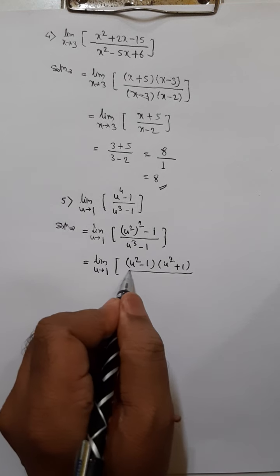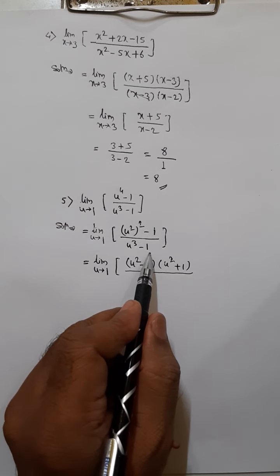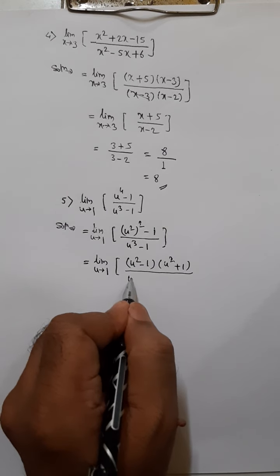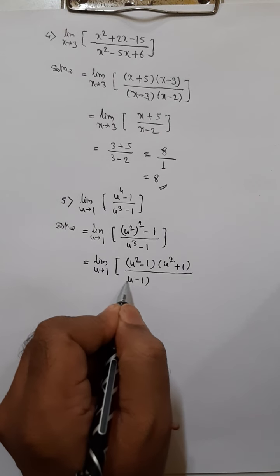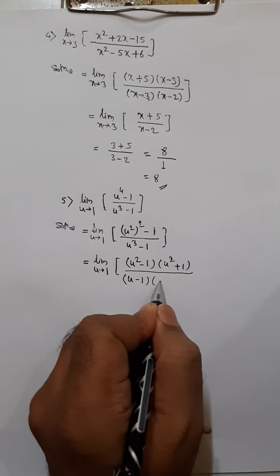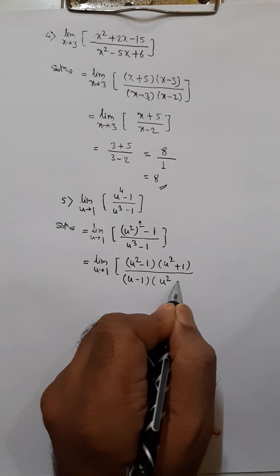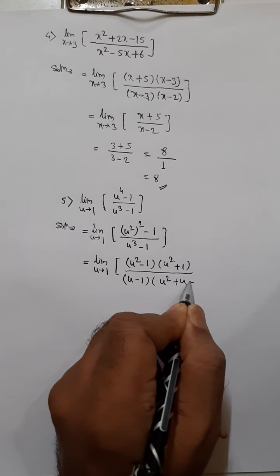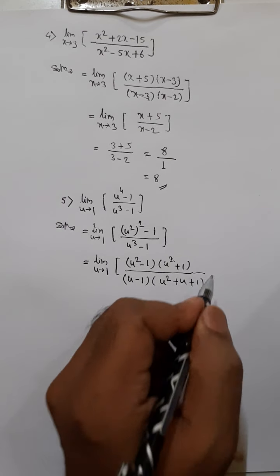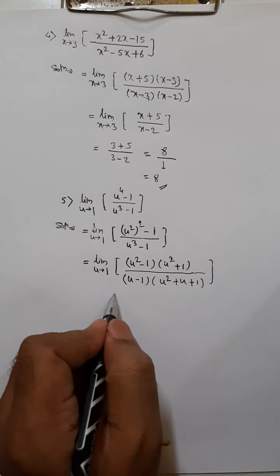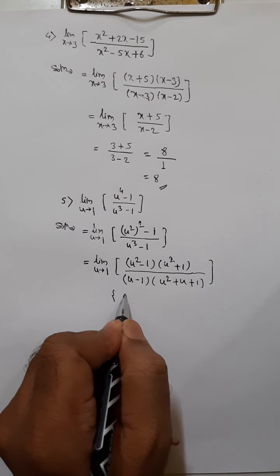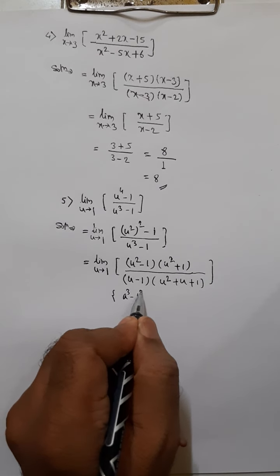And in denominator we apply formula a³ − b³. So formula is a − b, that is u − 1, first bracket, second bracket is u² + u + 1. Already you know formula. What is formula? A³ − b³.